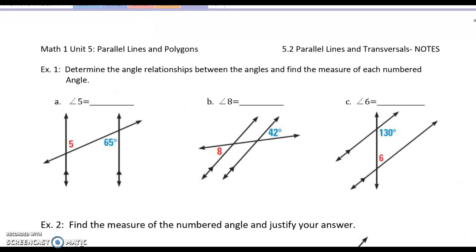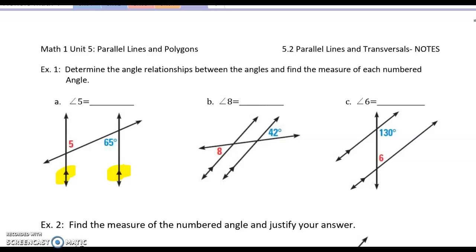All right, so let's take a look at the examples on the next page. It says determine the angle relationships between the angles and find the measure of each numbered angle. So we see a transversal cutting through two lines. But before we do anything specific with an angle relationship, we need to know more about those two lines.